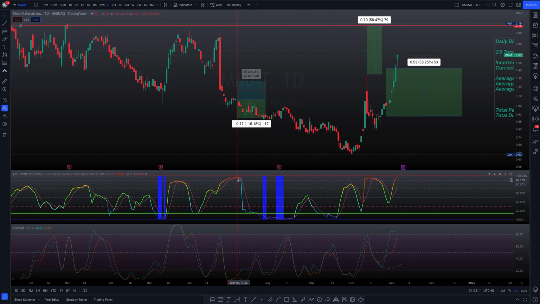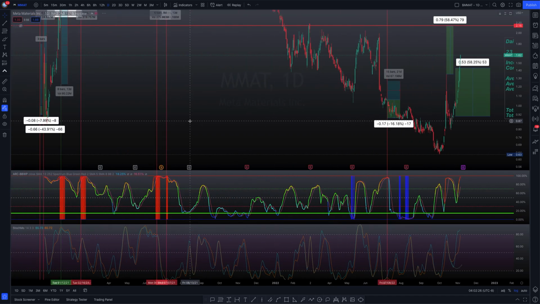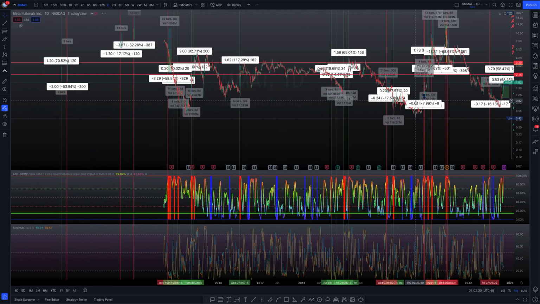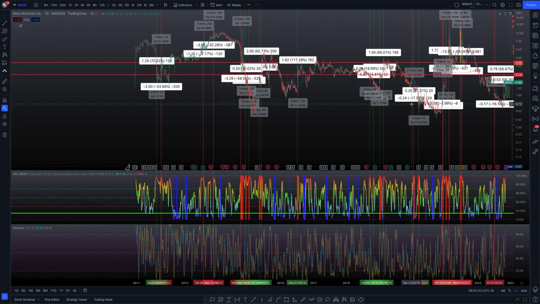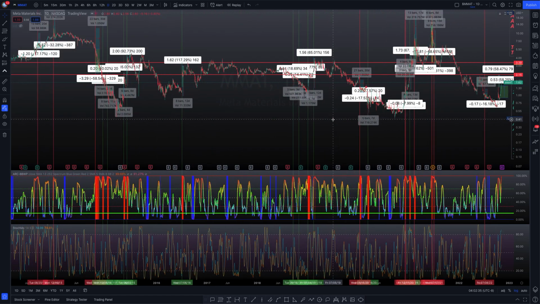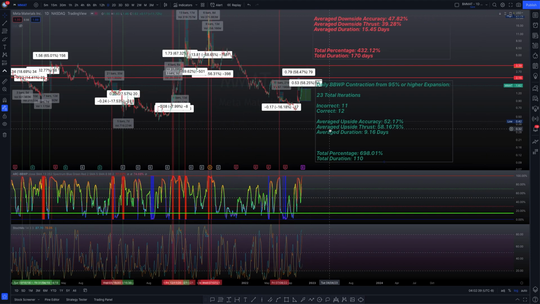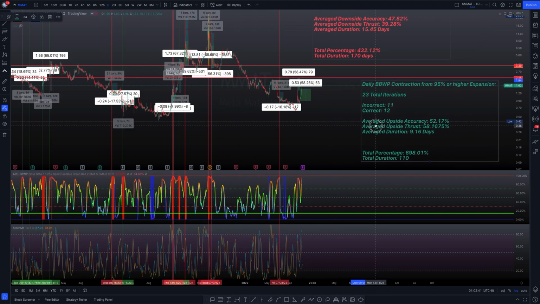Every single time we've been at the 90th percentile and above, I've taken note of that iteration, with the duration of the iteration and the upside or downside thrust based on that iteration. I've taken note of it from the entire trading history of MMAT. This backtest is actually done by hand so that I can get you guys some metrics for us to look at.